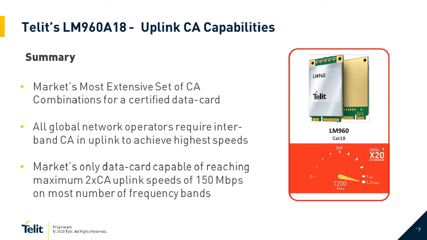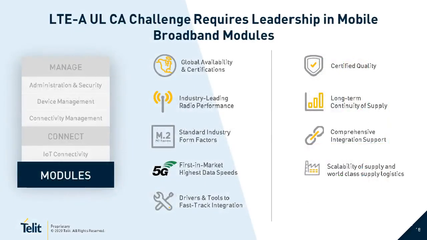I think Donna mentioned that it also has been deployed globally. So one of the important things in terms of the Telit strength and leadership is in mobile broadband, we have basically global availability and certification.